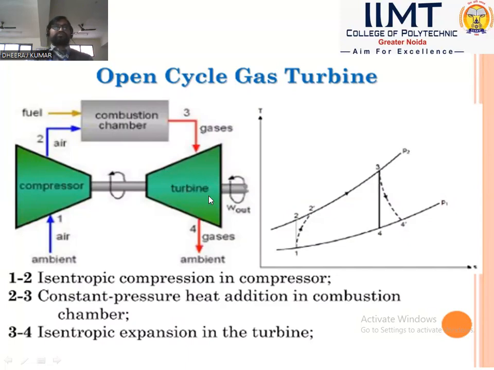During the expansion, mechanical power is developed and both pressure and temperature are reduced, and the low pressure, low temperature hot gas is released to the ambient. In an open cycle gas turbine, fresh air is supplied in each and every cycle.